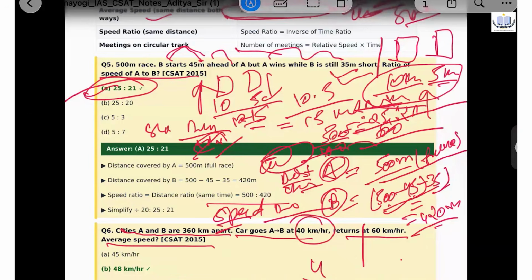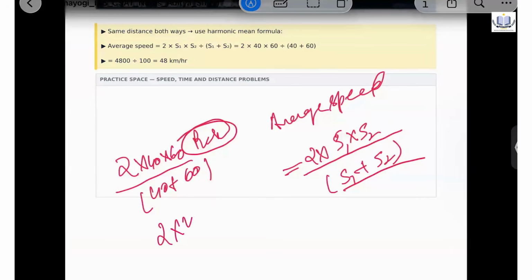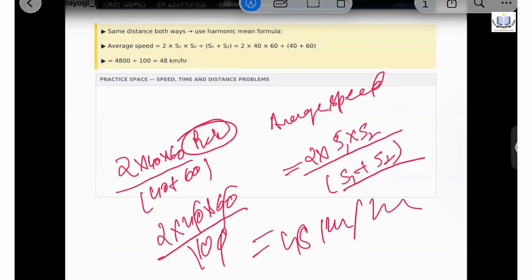S1 है 40 किलोमीटर पर आवर, जाने की स्पीड इज S1, लौटने की स्पीड, रिटर्निंग स्पीड इज 60 किलोमीटर पर आवर, दैट इज S2. सो वी विल ट्राई टू मल्टीप्लाई 2 into 40 into 60 डिवाइड बाय 40 plus 60. सो 2 into 40 into 60 डिवाइडेड बाय 100. ठीक है, हम 0 रिमूव करके विल गेट 48 किलोमीटर पर आवर.